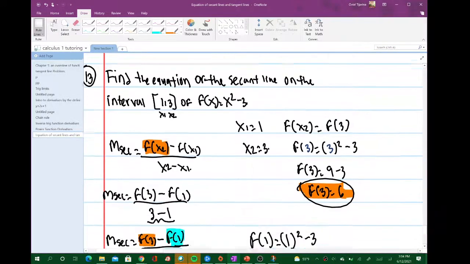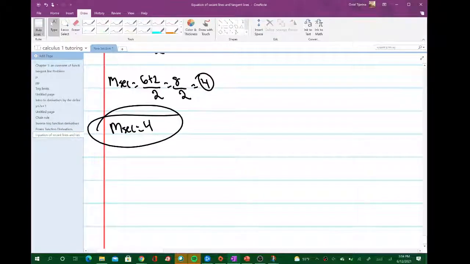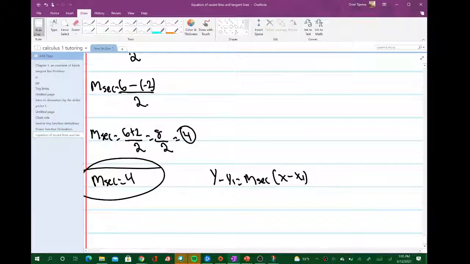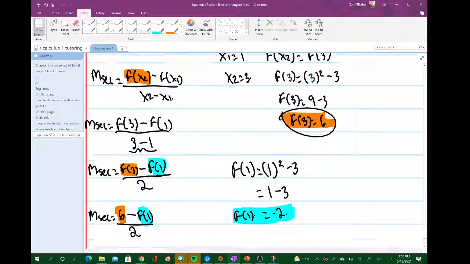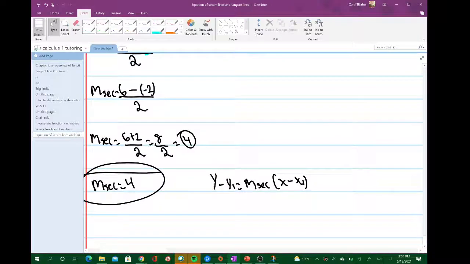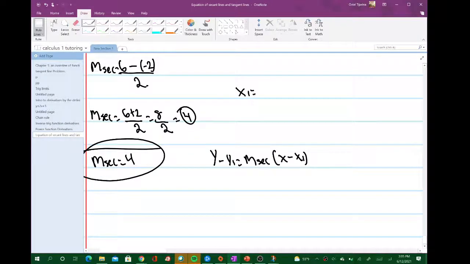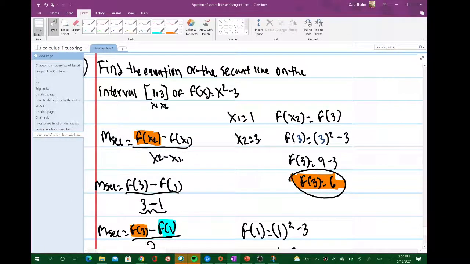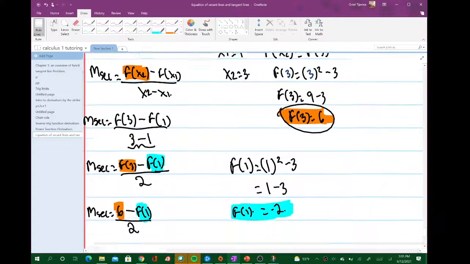To find the equation of the secant line, it's the following: y minus y1 is equal to the slope of the secant line times x minus x1. And we know what x1 and y1 are. We noted that. x1 is 1. y1 is basically f of 1.